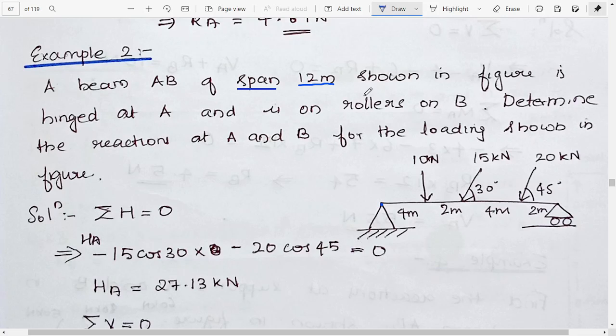Okay, and on rollers on B, we need to determine the reactions at A and B for the loading shown in figure. So we are considering this as A and this as B.